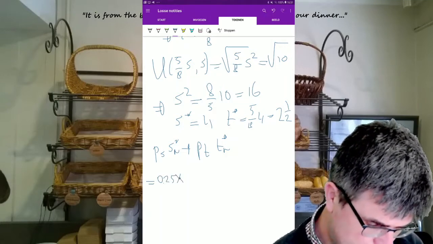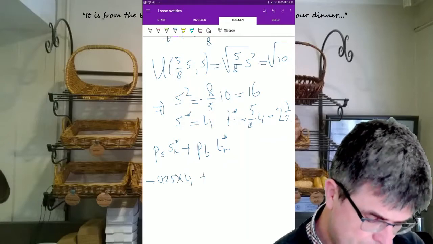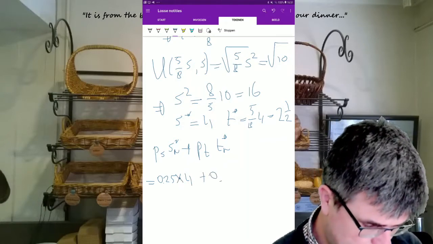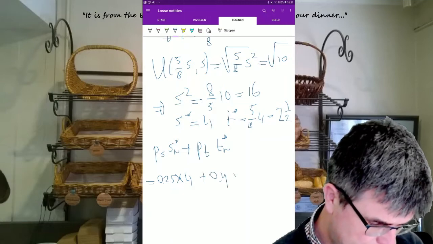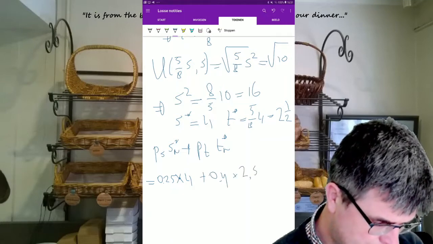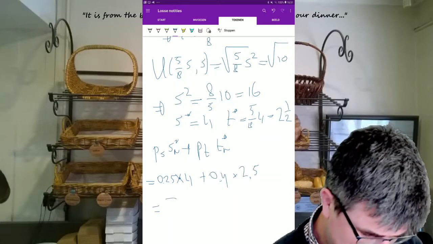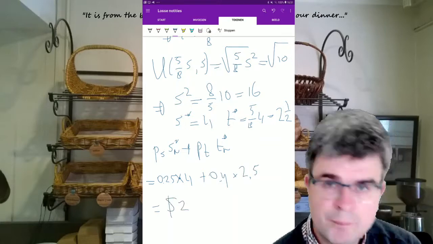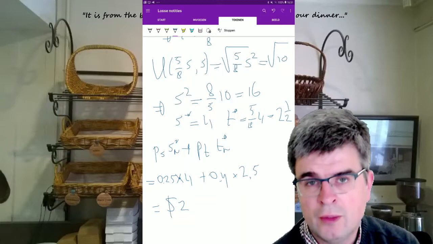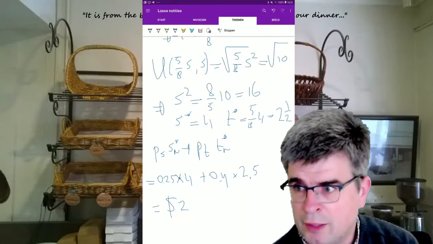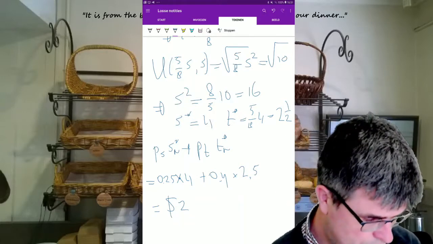Paul will consume 4 sodas. The price of Twinkies is 0.4. Paul will consume 2.5. So he needs a budget of $2 in order to attain a utility level of square root of 10 in the new situation.